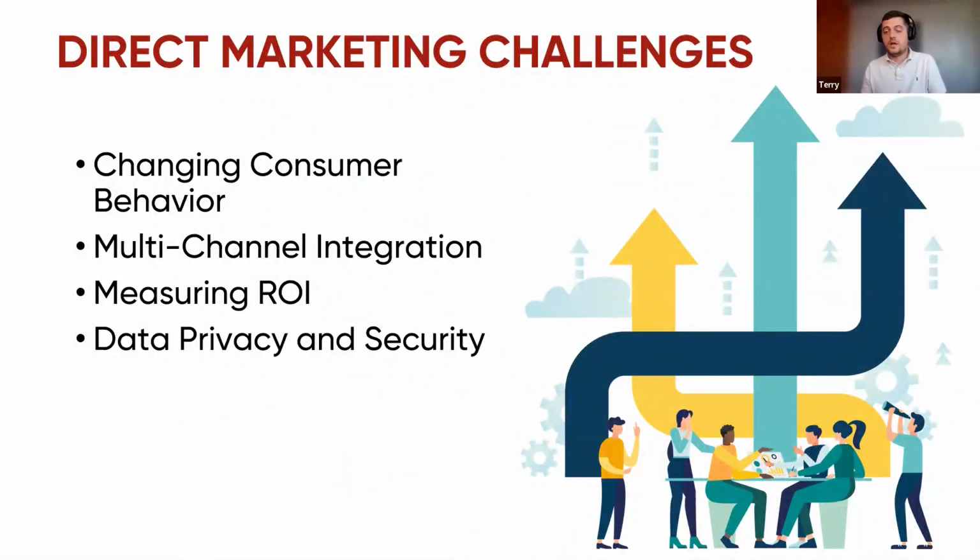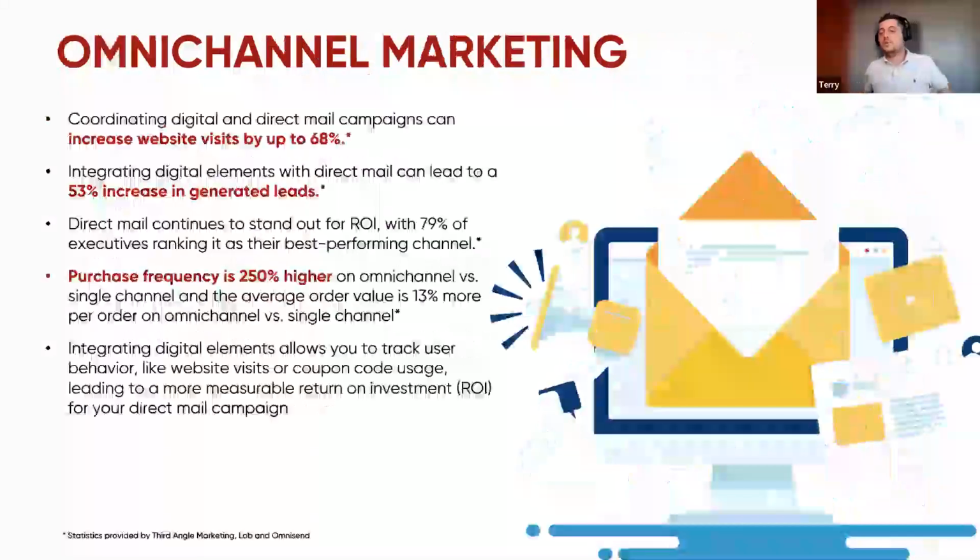One that's really been a challenge in the last 5 to 10 years because of these rules and regulations changing year over year is data privacy and security. So through this platform today, we actually have a way to help you out with some of those challenges. And we do it by using an omni-channel marketing solution, right? So you can see some of these statistics here, which we'll be able to provide you with this deck so you can review some of this data.